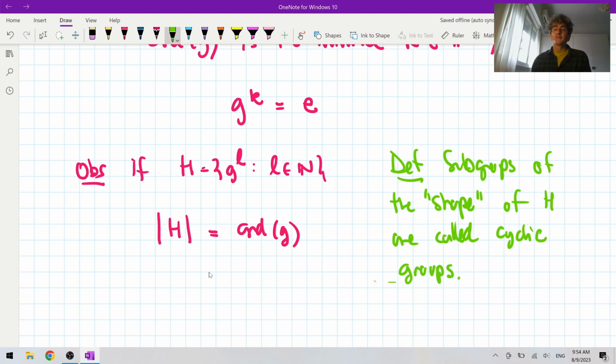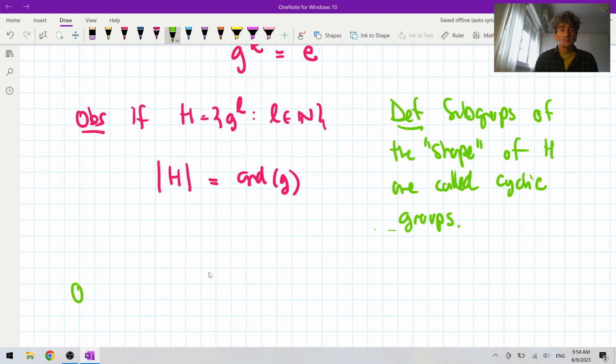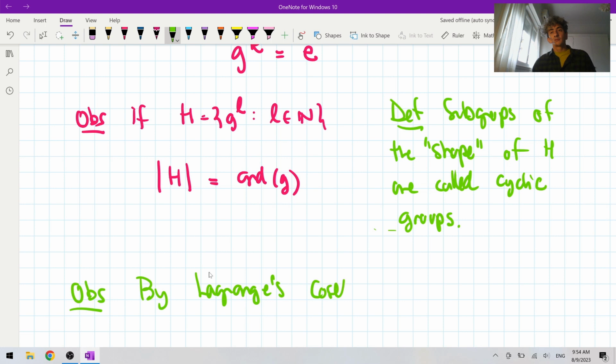In this case, H is a cyclic subgroup of G. All right, and another observation by Lagrange's theorem.